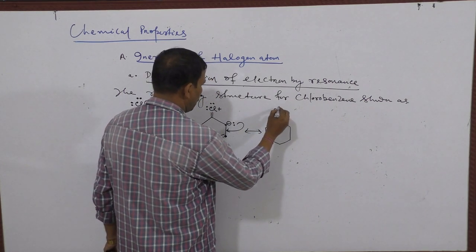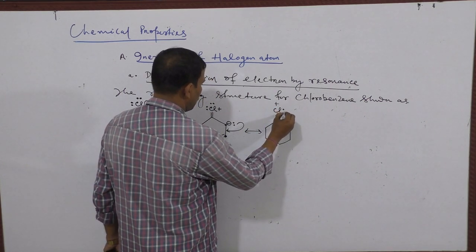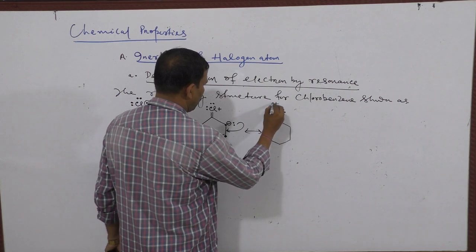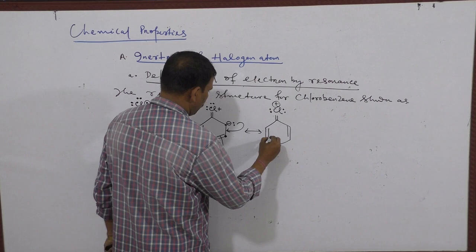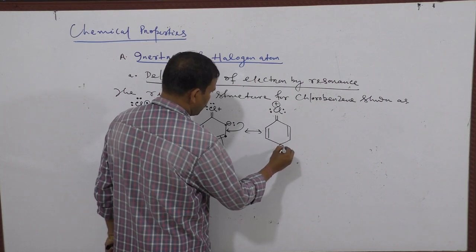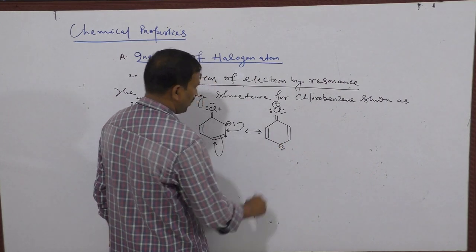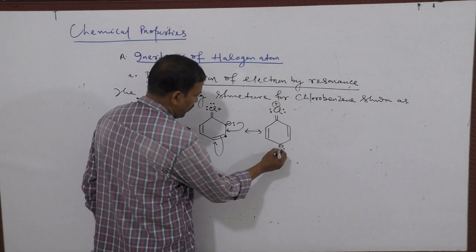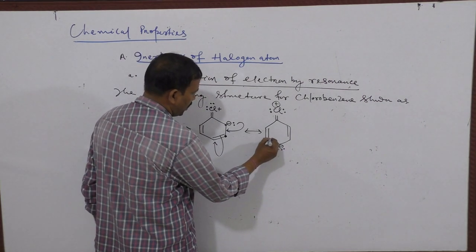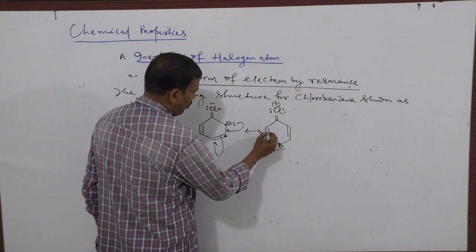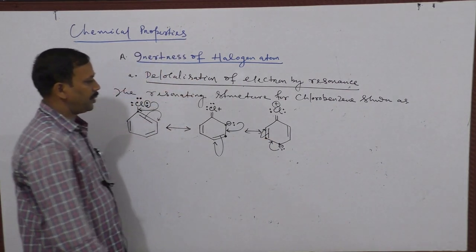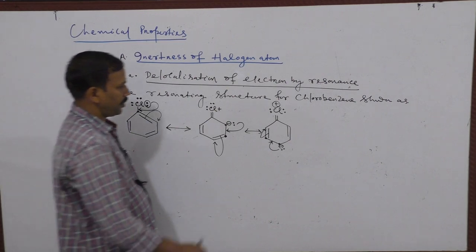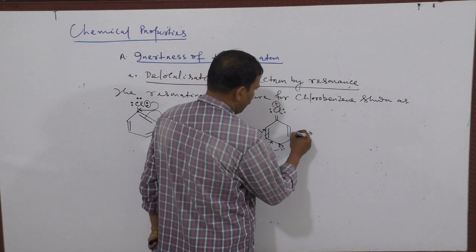Double bond Cl plus contains 2 pairs of electrons. Now make a new bond, the old bond is present. Now this carbon becomes negative with a pair of electrons. When this pair of electrons moves in between these 2 carbon atoms, automatically the pi bond becomes delocalized due to pentavalent carbon.